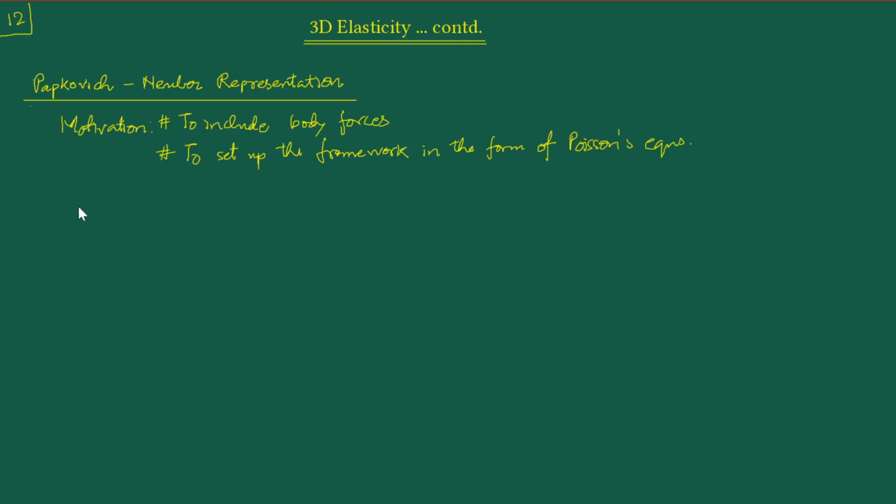Now, because this is something which you are actually going to use in the solution of problems, I believe it is going to be useful if instead of just the ultimate representation of the displacement vector in terms of the Papkovich-Neuber representation, I actually present to you the steps that are involved in order to arrive at that displacement potential.